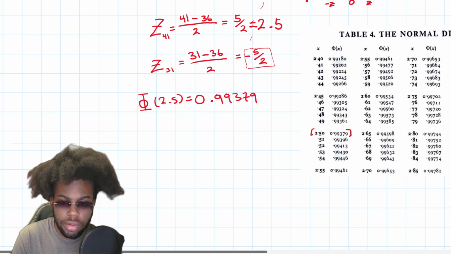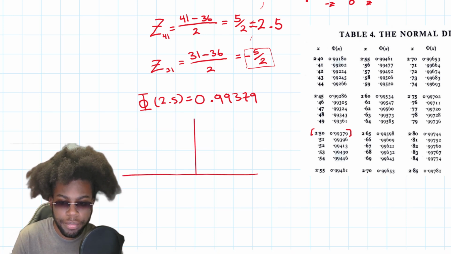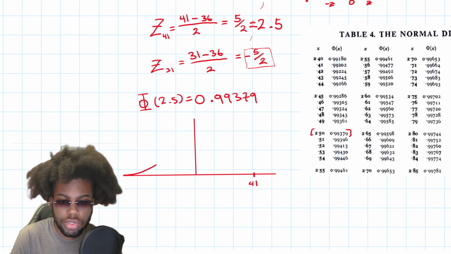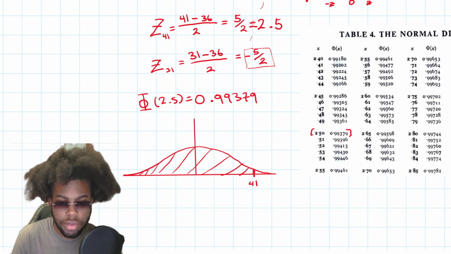All right. So what does this look like for us? Looking at it again on our normal distribution, what we've found so far, assuming that this point up here is 41 months, is the area of everything behind this 41 months, all the way back, which is half of the work because now we need to go ahead and subtract as well the value here at 31 months.